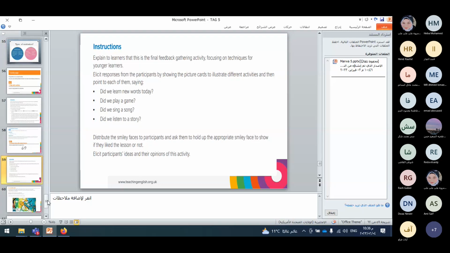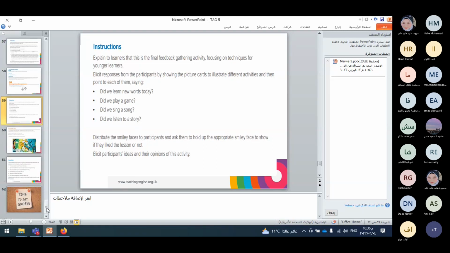Yes, please. Sarah, I want to add something. In class one, primary one, we already have this activity. They draw faces, a smiley face or a sad face.